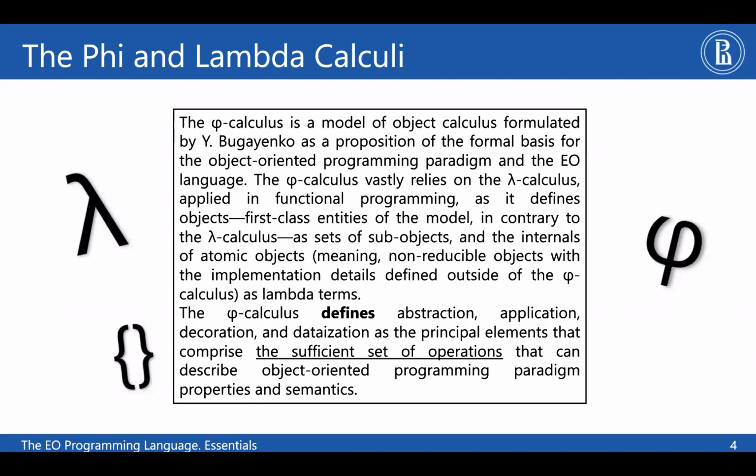The phi calculus defines abstraction, application, decoration, and dataization as the principal elemental operations that comprise the sufficient set of operations that can describe object-oriented programming paradigm properties and semantics. In other words, these four operations are the only operations that we need to build an OOP environment. We will discuss these operations a little bit later.